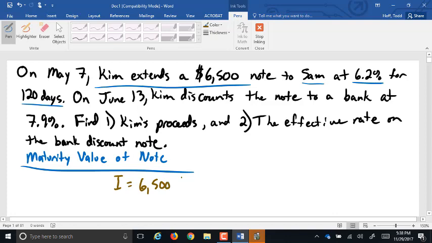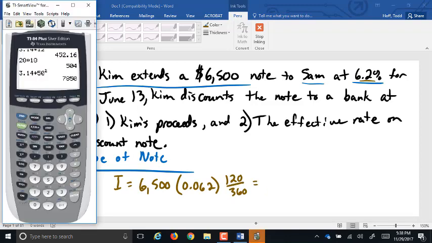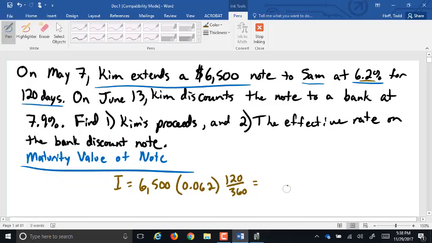P is $6,500. What's R? 0.062 because it's the original note. And then times 120 over 360. So 6,500 times 0.062 times 120 over 360. $134.33.